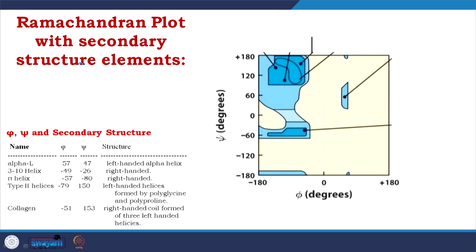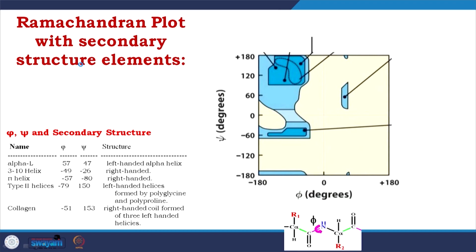Pi helix: minus 57 for phi and minus 80 for psi. For type 2 helices, minus 79 for phi and 150 for psi. These are left-handed helices formed by polyglycine and polyproline. Collagen: minus 51 for phi, minus 153 for psi, a right-handed coil formed of 3 left-handed helices.